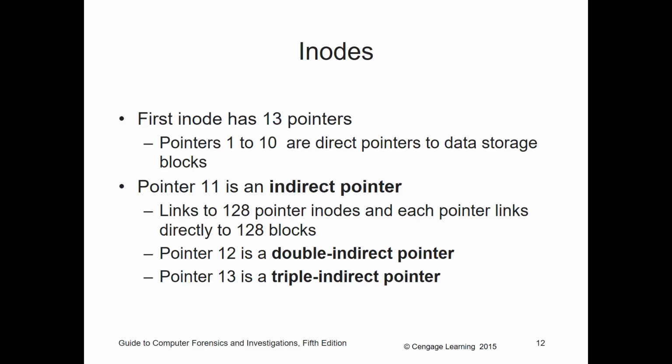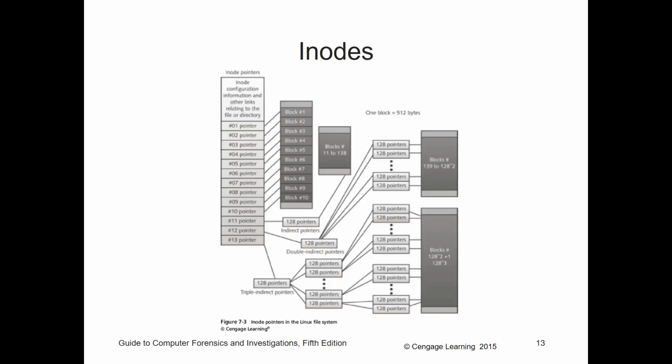Pointer 12 is a double indirect. Pointer 13 is a triple indirect. So what are these pointers? This is just about the way that we're doing our linkage between blocks. Again, block is going to be the smallest measurement that we're using here. We call them segments on a Windows hard disk, but this is pretty similar.